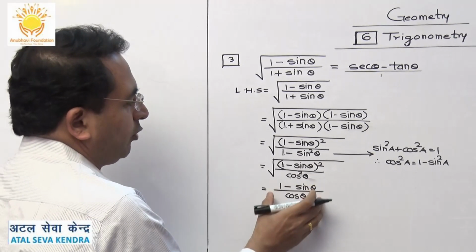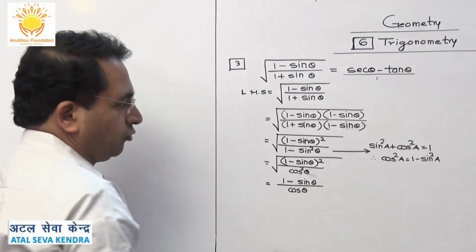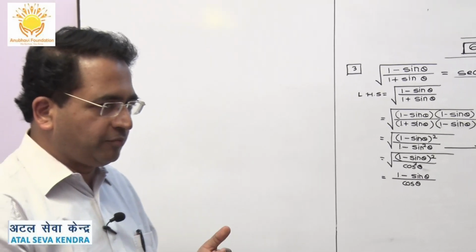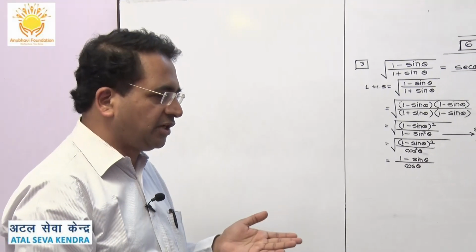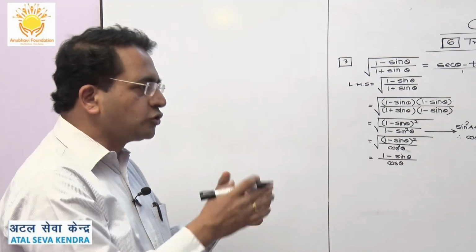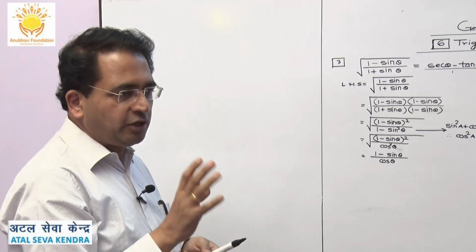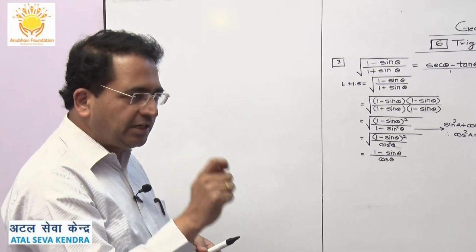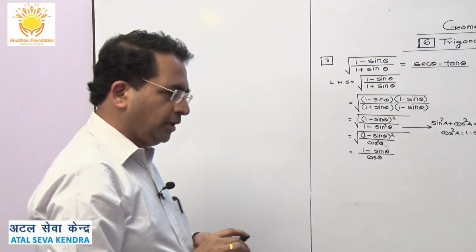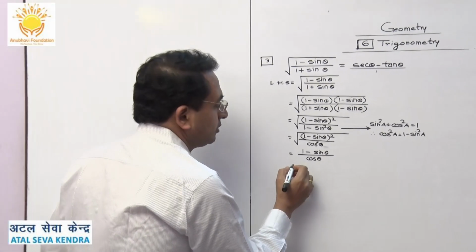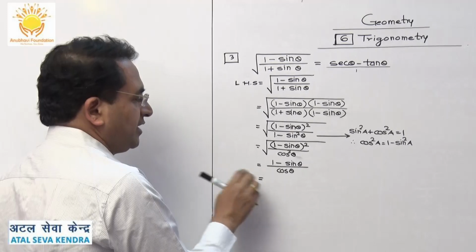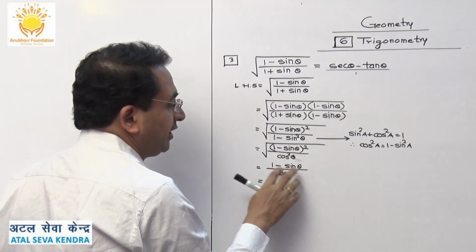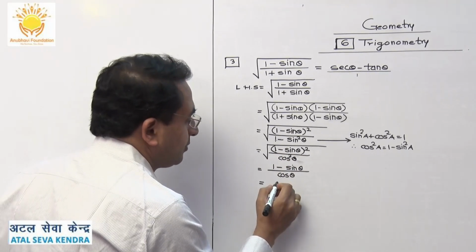This is not what we want on the right side. Remember one more logic we have to remember for many sums in trigonometry. When you have a single term in the denominator, then we can separate this. If it would have been otherwise, cos theta upon 1 minus sin theta, then you cannot separate. But now we can separate it.